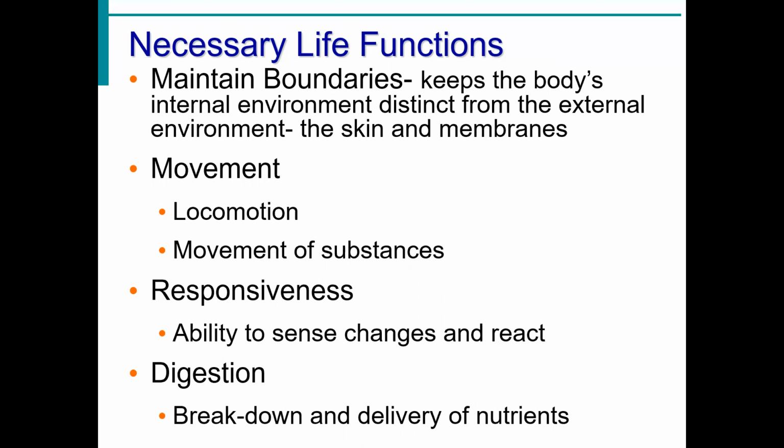Movement and locomotion, movement of substances. These things have to happen if we're going to maintain this balanced internal environment. Responsiveness. We talked about this already as another characteristic of life. An individual must have the ability to sense and react to changes, to stimuli. If you are alive, there must be some degree of responsiveness happening. There's communication, there is feedback.